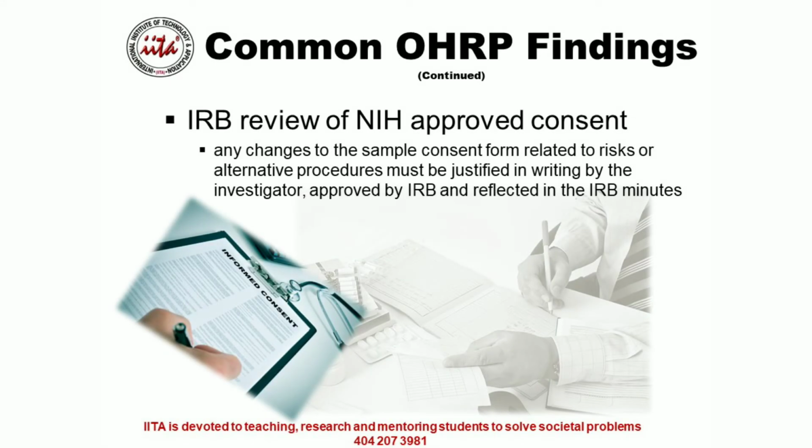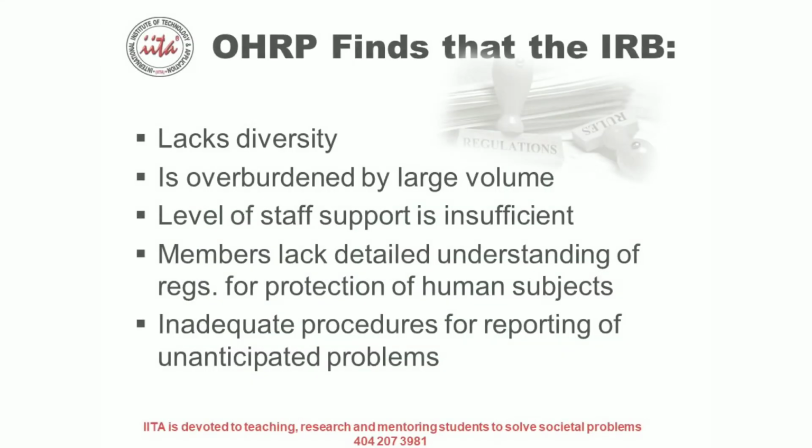Other common OHRP findings include the IRB review of NIH approved consent. So, any changes to the sample consent form related to risks or alternative procedures must be justified in writing by the investigator, approved by the IRB, and reflected in the IRB minutes.